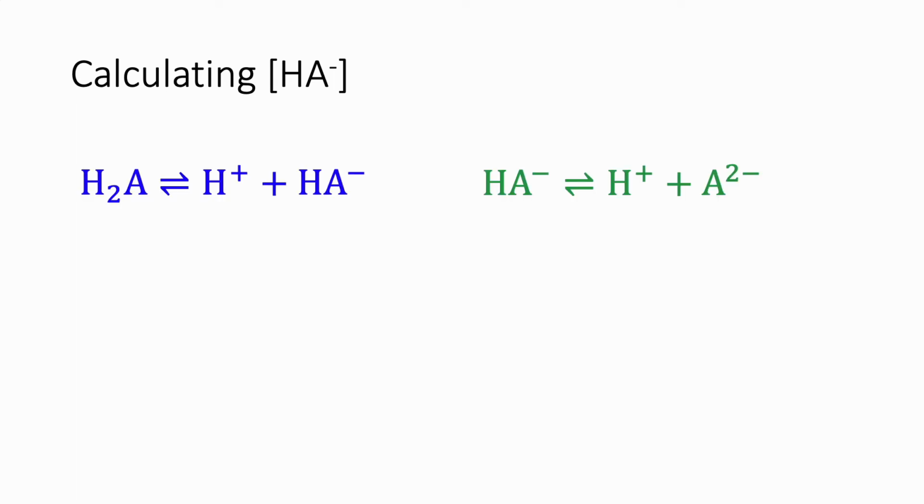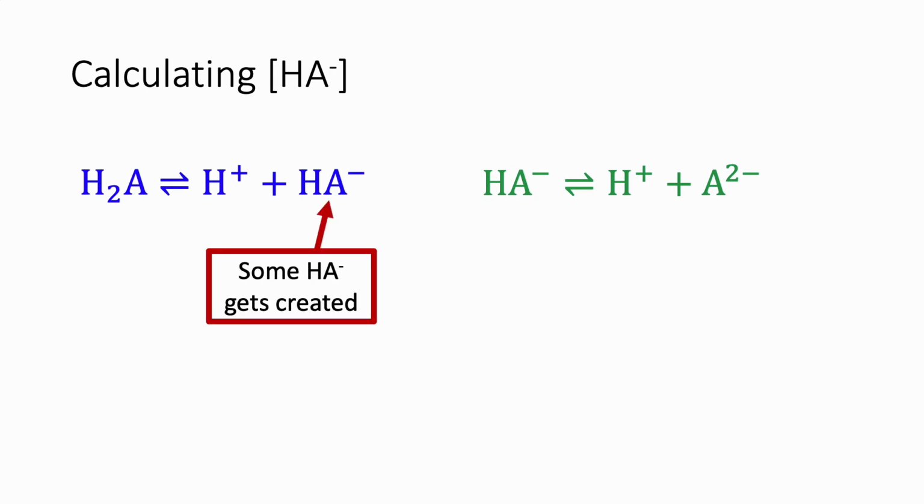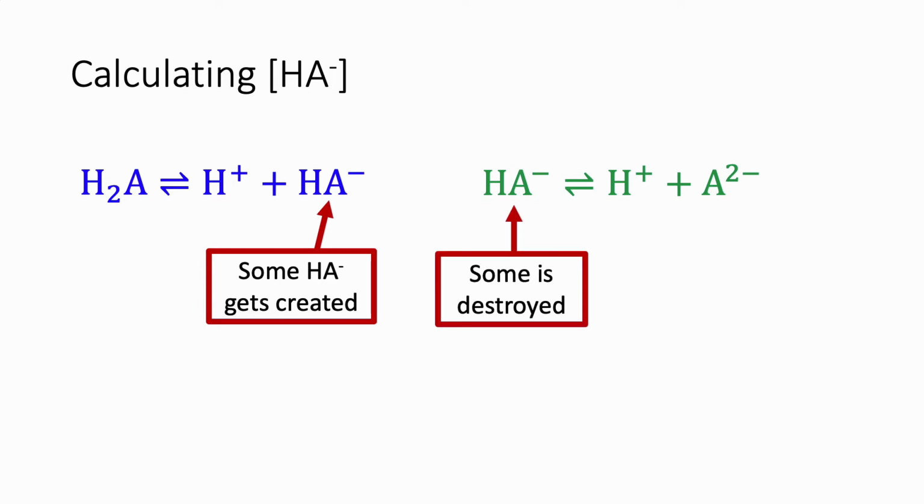Now we're going to talk about calculating the HA- concentration. And why this is tricky is that we have 2 different dissociation reactions going on, and in the first one you're creating HA- from your H2A, but in the second one you're destroying the HA- by turning it into A2-.